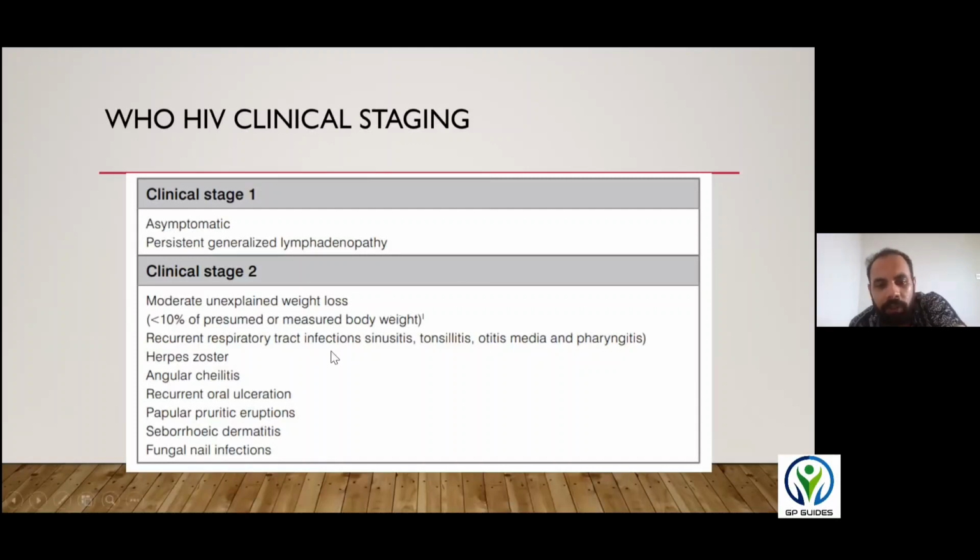Then it goes into these stages. In the first stage, it's mostly that latent period where the patient is asymptomatic, or the patient can have persistent generalized lymphadenopathy, which can last for a few weeks or months. Then the patient goes into clinical stages 2, then 3, and then 4.